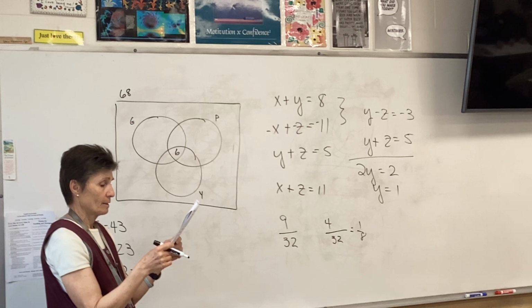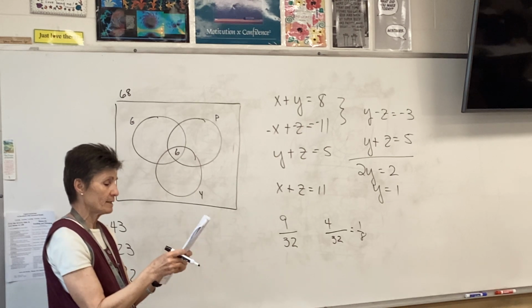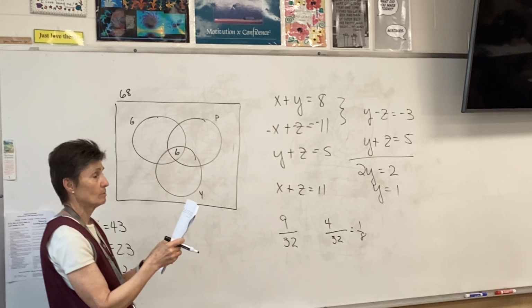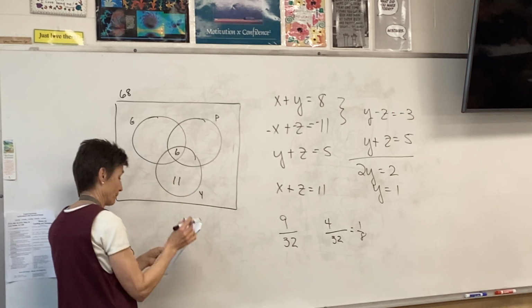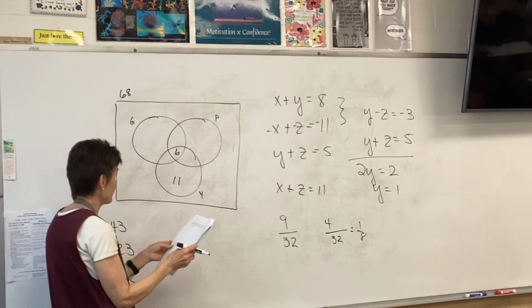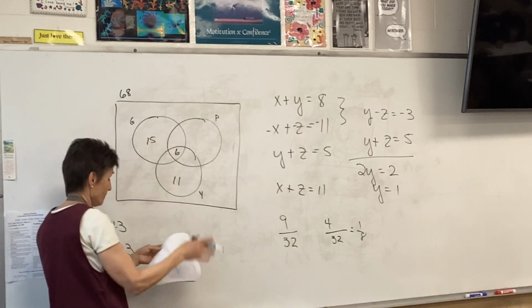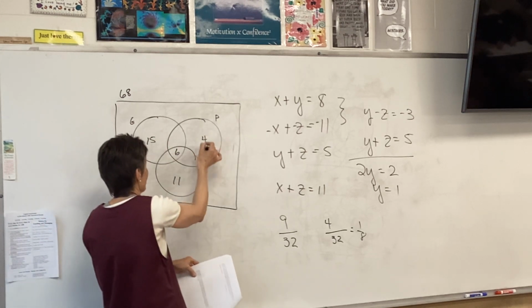Okay. Now, can you fill in? Where are you going to put the 11 that like only yellow? Here. And the 15 that like only green, and the 4 that like only purple.